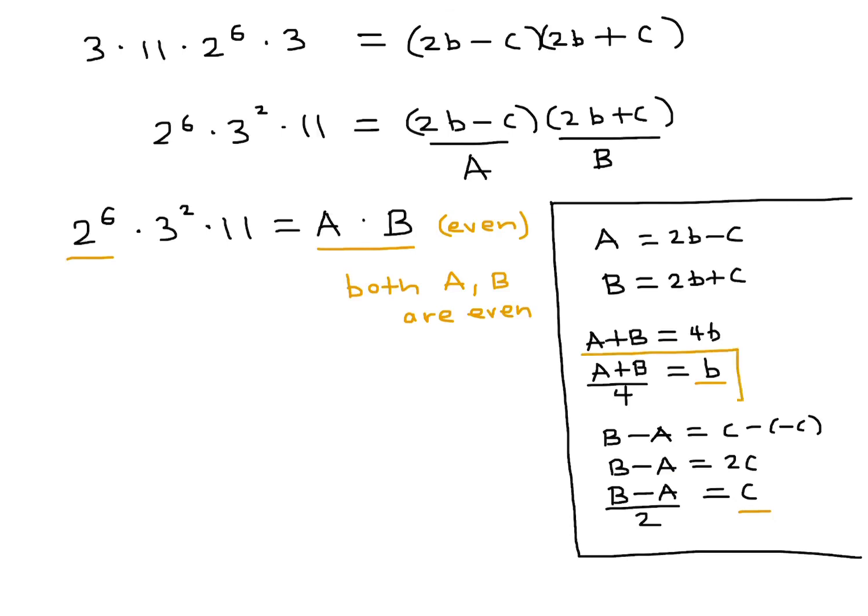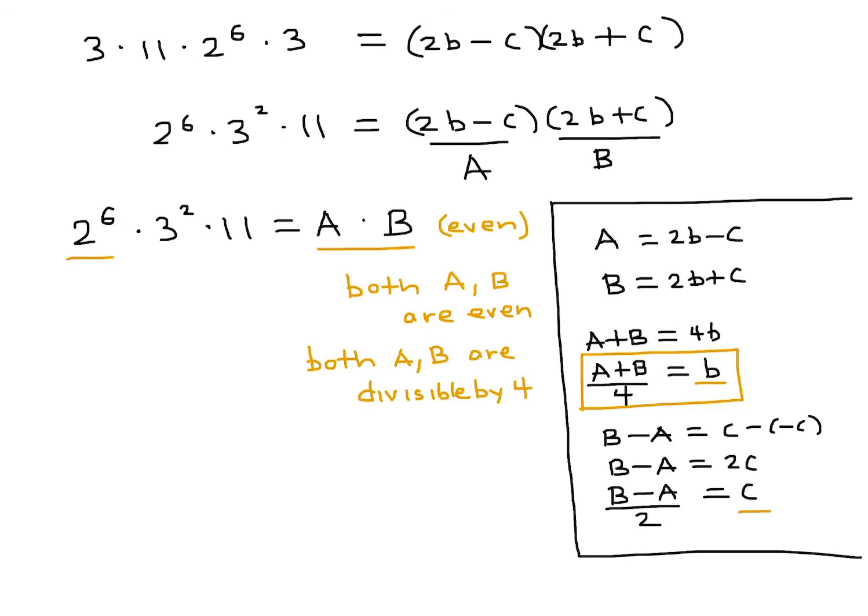Now, I'm going to turn my attention to this and mention something that I think I briefly mentioned before. A plus B divided by 4 is equal to B. That means B is an integer, which we already know. But that means that A plus B over 4 is an integer, and A and B are both divisible by 4.